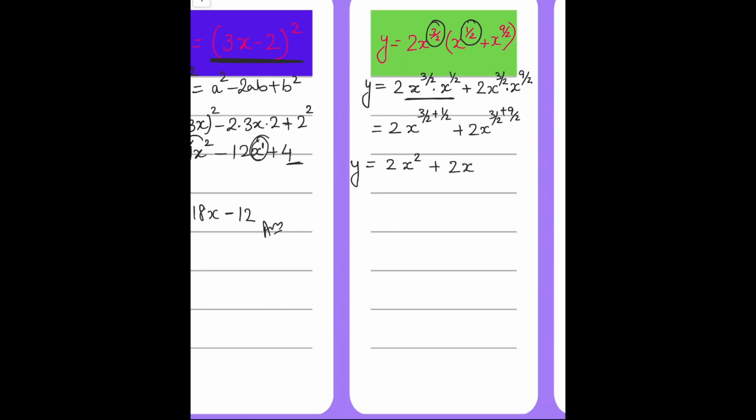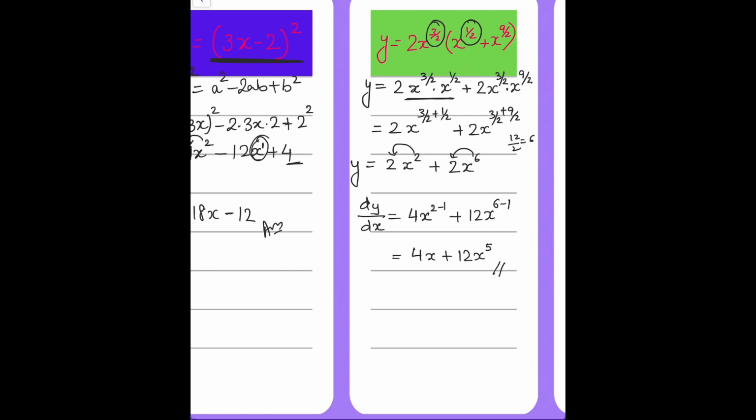Now here 3 over 2 plus 9 over 2 will become 12 over 2, that becomes 6, so its power is 6, right? Now we will do dy over dx, and that is equal to 2 times 2 is 4, and x, because it's going to be 2 minus 1 power, plus 6 times 2 is 12, x to the power 6 minus 1, and that becomes 4x plus 12x to the power of 5.